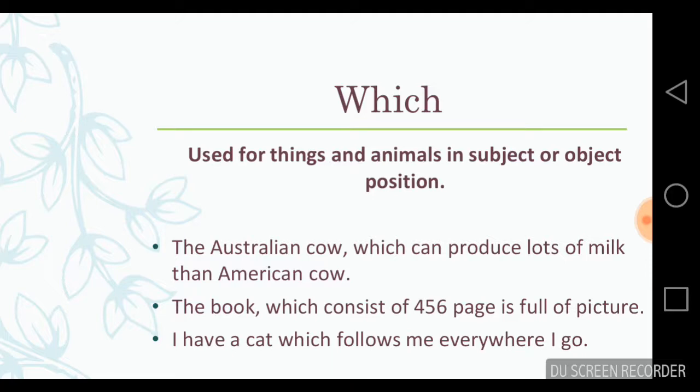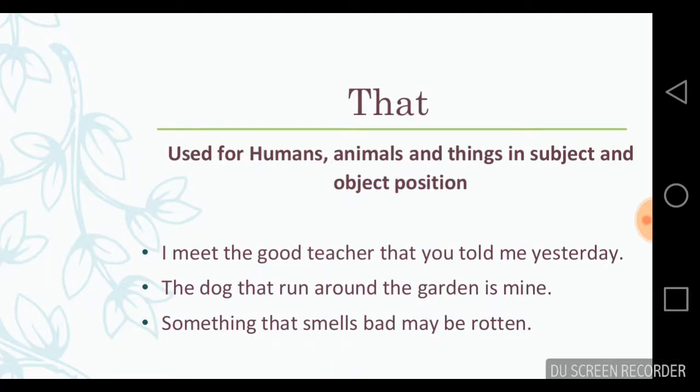And next is that. This is the most easy relative pronoun that we can use in our sentence because it can be used for humans, animals, and things in subject and object position.